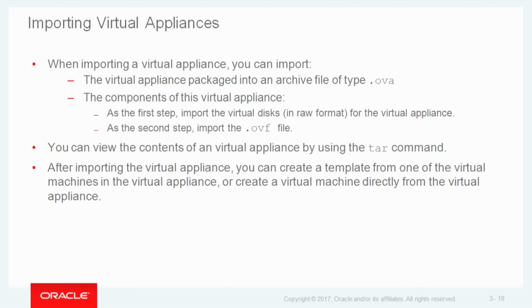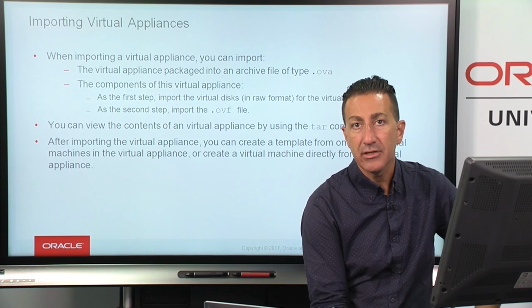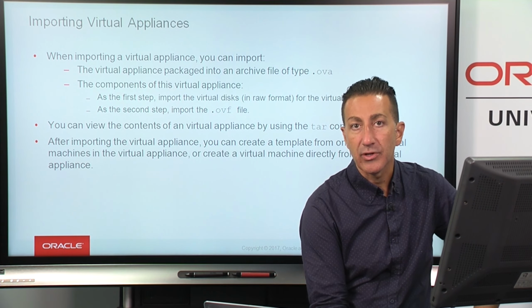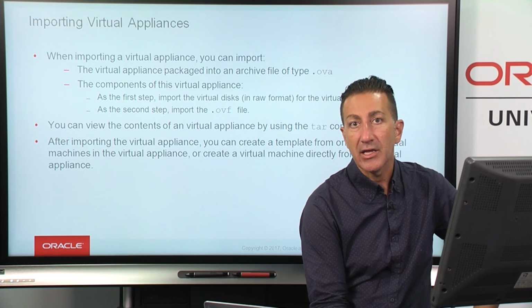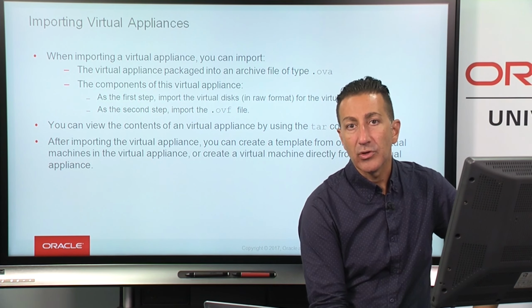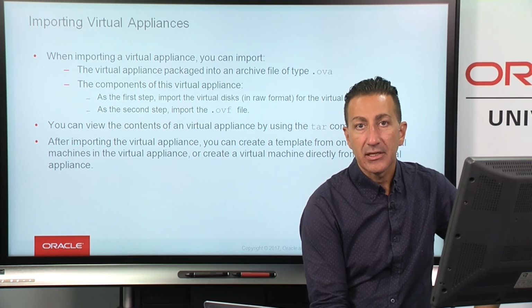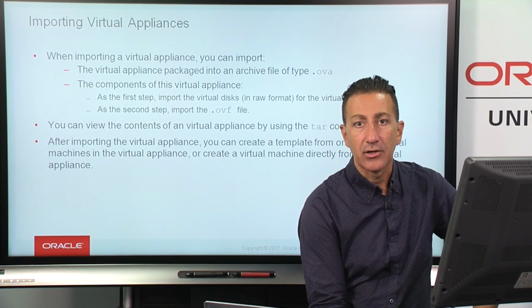Well, it depends on the virtual disk type that you are using. For example, with Oracle VirtualBox, you have the option to create different types of virtual disks with different extensions, for example VMDK, VDI, and so on. You have multiple types, but these types are not treated as a raw format.